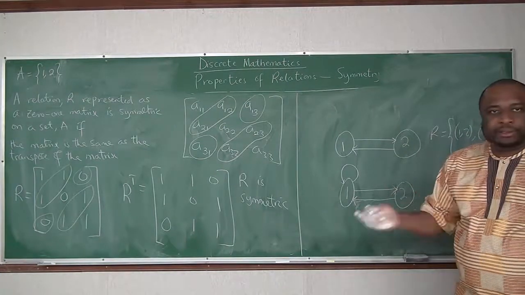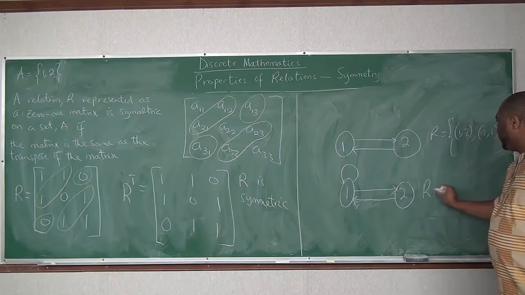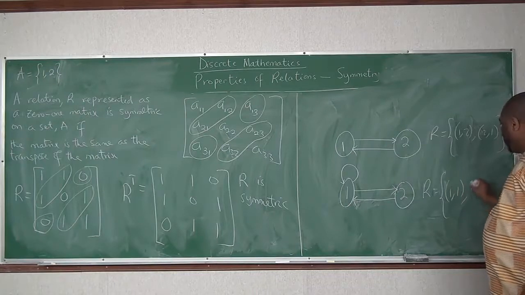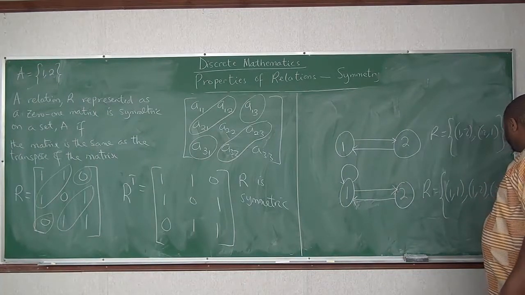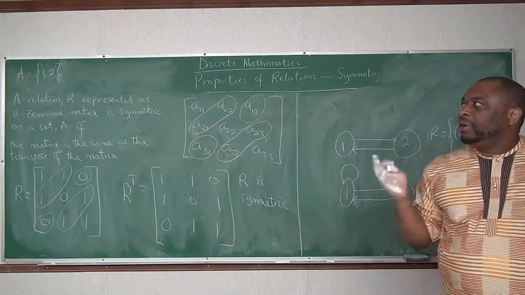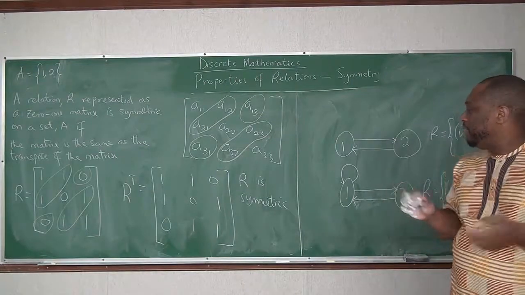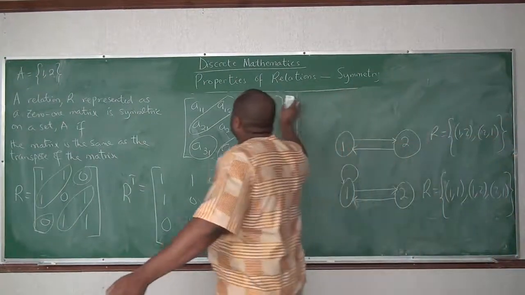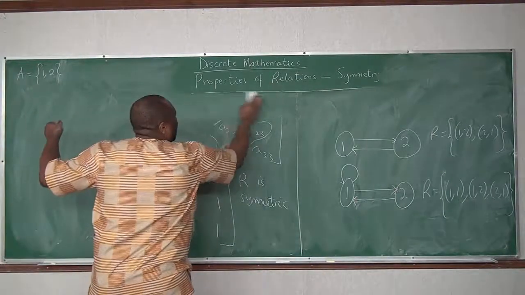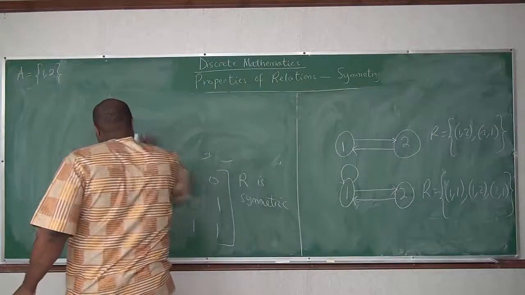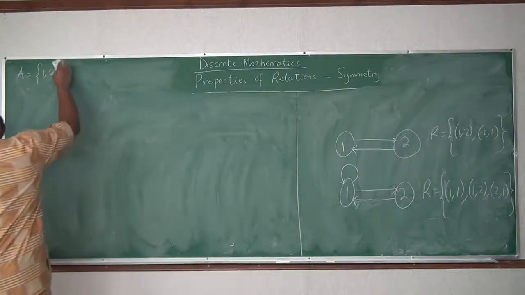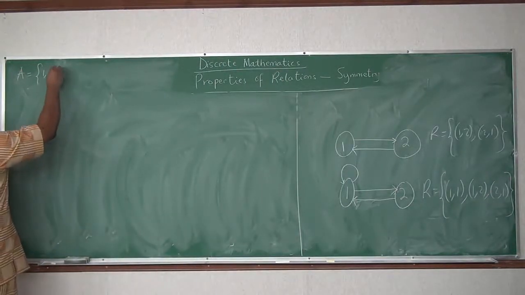You can always change those. Now, in this case, the relation will be 1, 1, 1, 2, and 2, 1. Okay. With digraphs, even if you have A to be 1, 2, 3, you will have two-way streets. For a digraph, the edge from one vertex to another will be a two-way street. Okay.